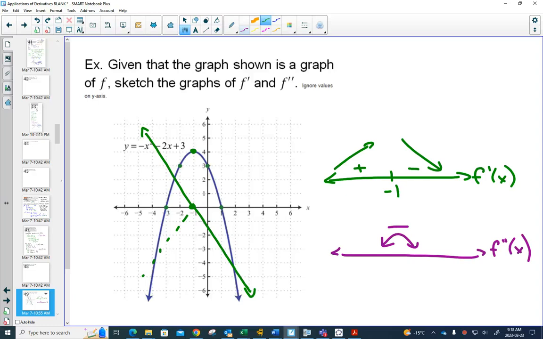Now, a couple of things that you could do with an equation like this that are good cheating methods, we'll call it. Maybe you look at the graph and say, I know it's a parabola. I know it's a negative parabola. If I have a negative parabola and I do the derivative, I will get a line with a negative slope.